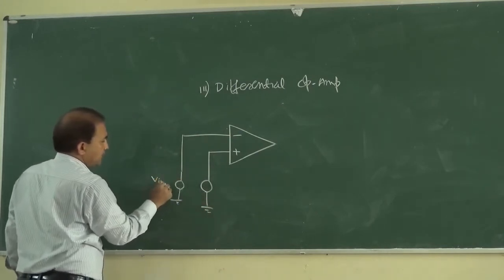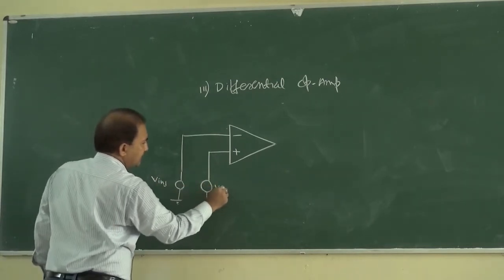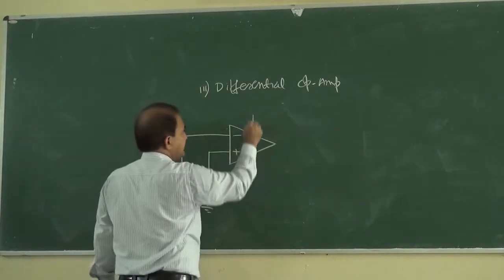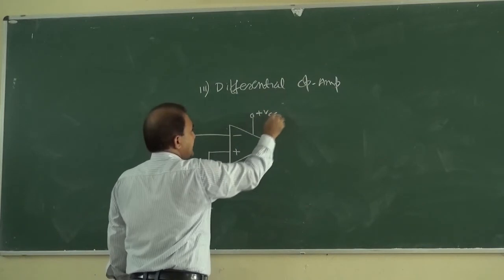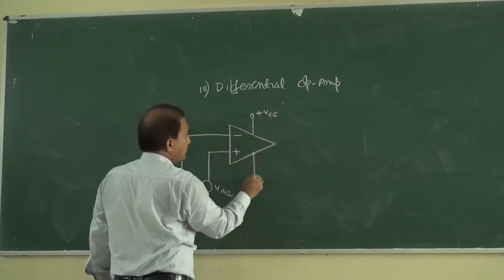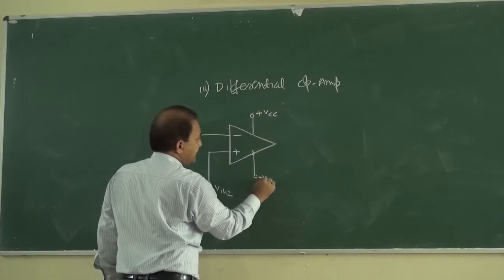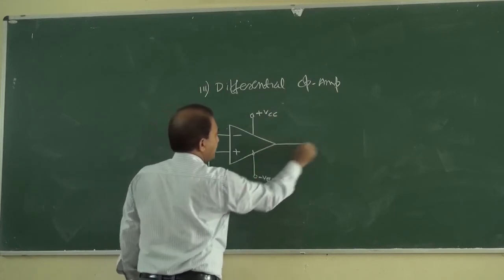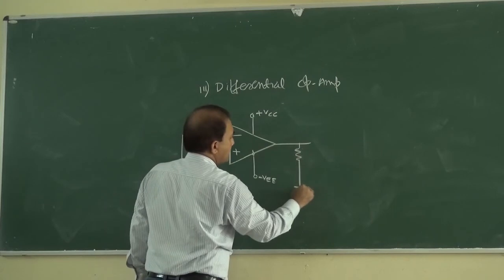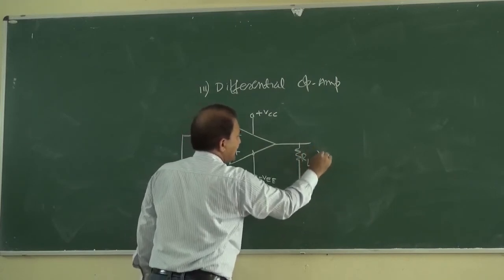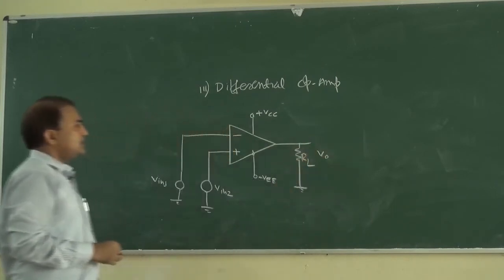Suppose this is V_in1 and this is V_in2. It is connected to plus VCC and to minus VEE. This is RL and V output is like this.